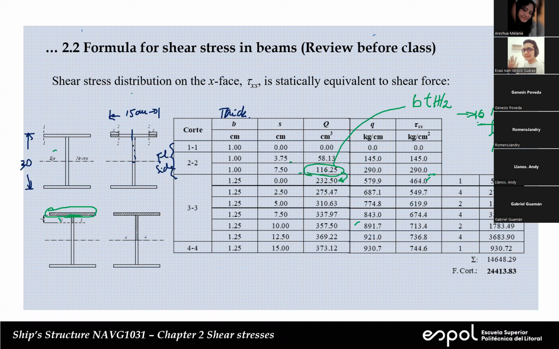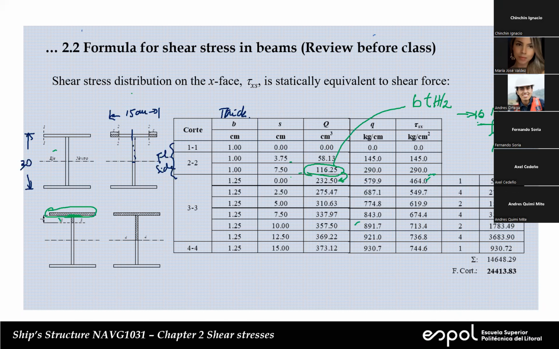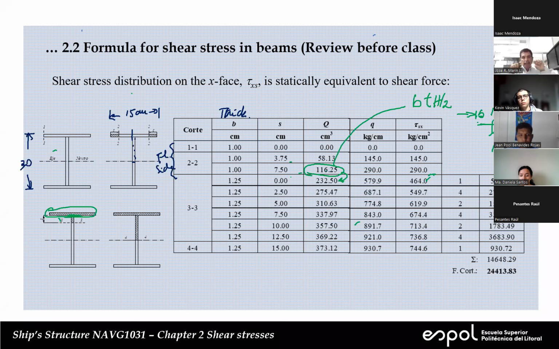Okay, so it's like having a pipe. You have a pipe going up, and then you bifurcate to the left and to the right. Two smaller pipes, one goes to the left and one to the right. How much goes to the left and to the right? Half of the flow which was going up in the vertical pipe. See, that's the meaning of calling it a shear flow. And then we have Q. Again, in the calculation of Q, this is half of that.